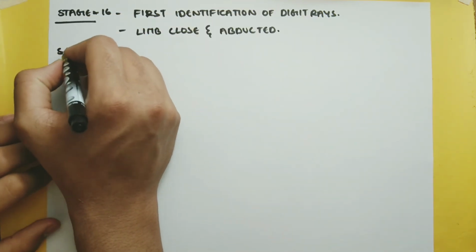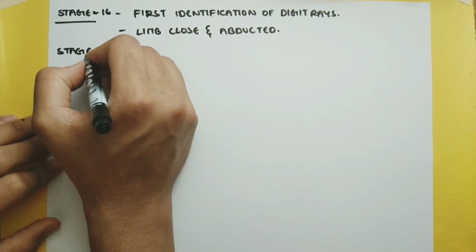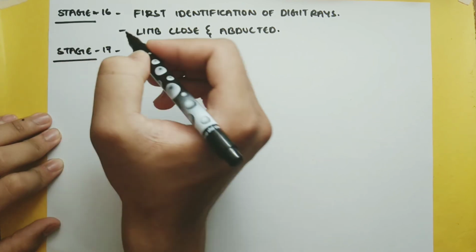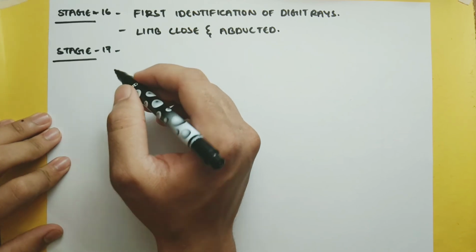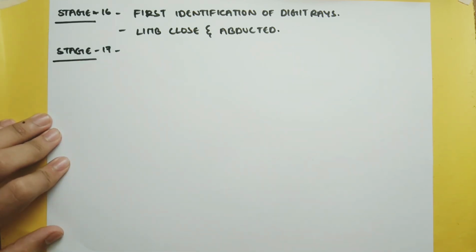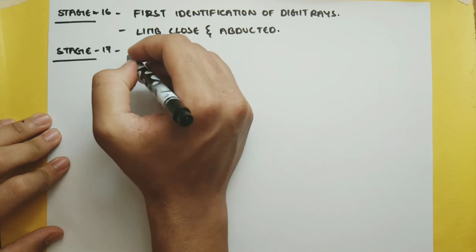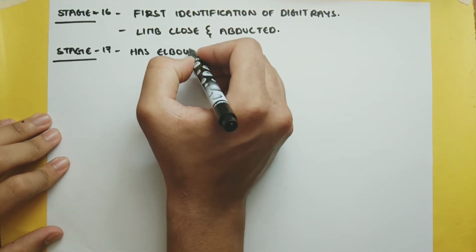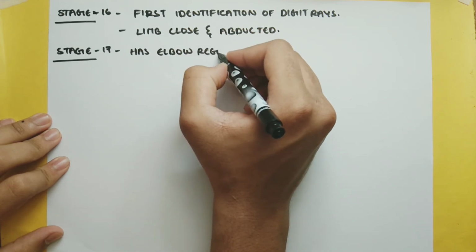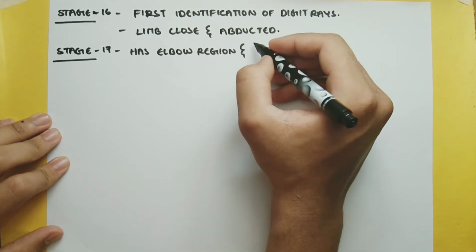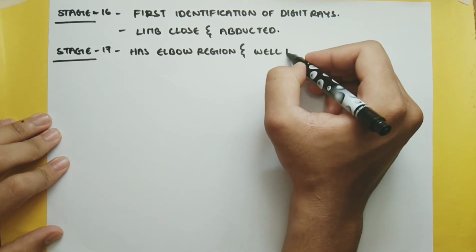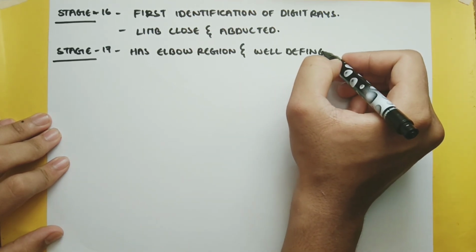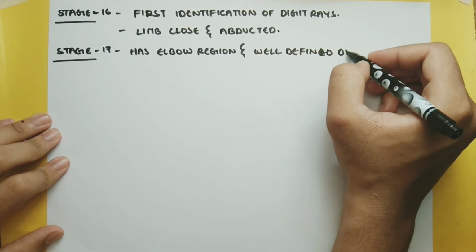Now comes to stage 17. In the stage 17, the upper limb has the elbow region and a well-defined digit trace.